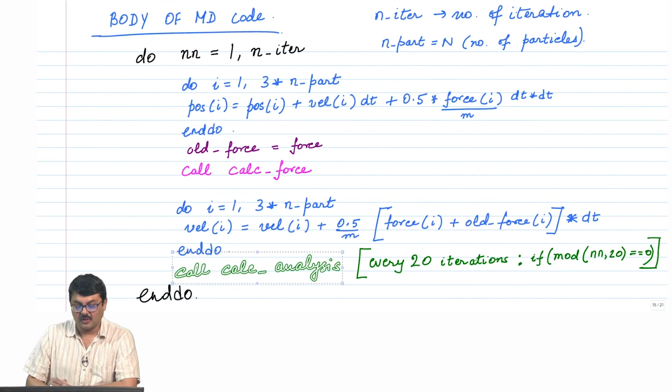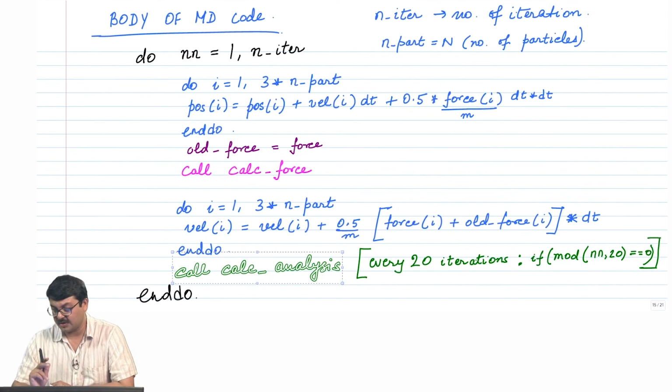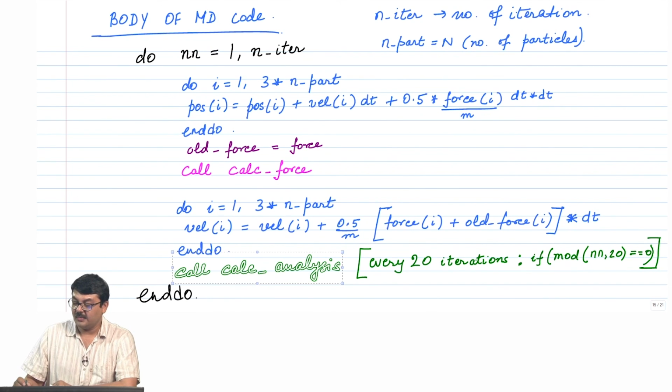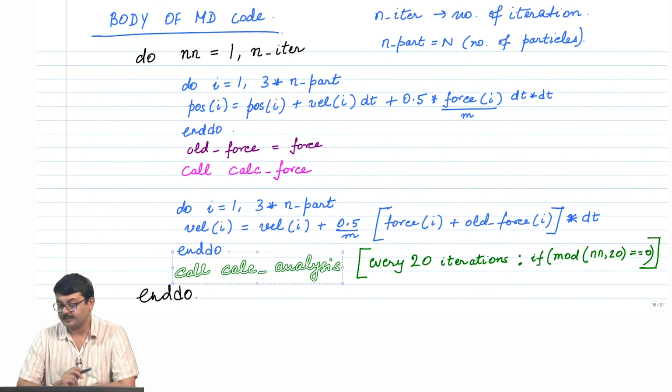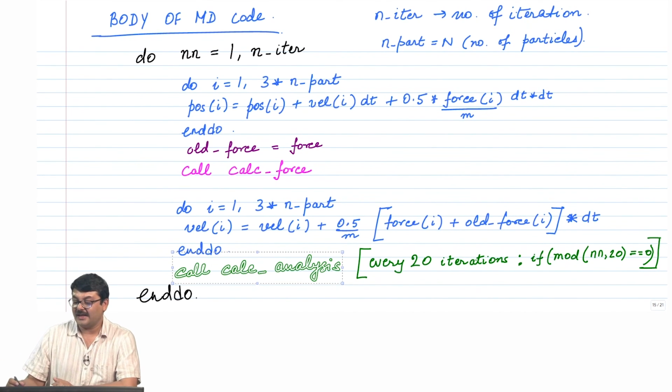You say that I am going to call this subroutine only if mod nn 20 equals 0. So just look up what mod does. If nn is a multiple of 20, then mod nn 20 will be equal to 0.